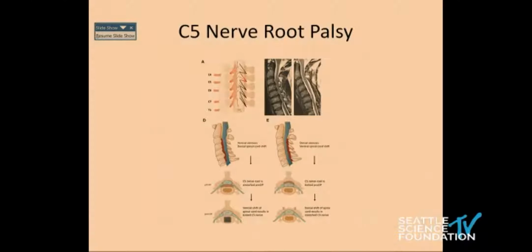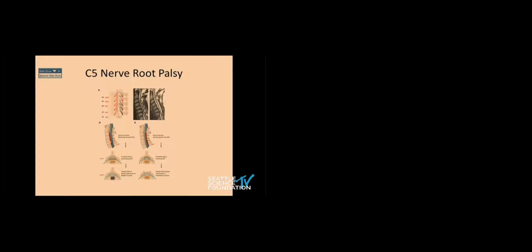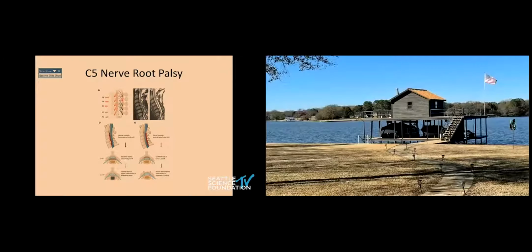This is an interesting picture depicting a C5 nerve root palsy and a prediction of the pathophysiology behind it. Both anterior and posterior decompression can result in C5 nerve root palsies for slightly different reasons.